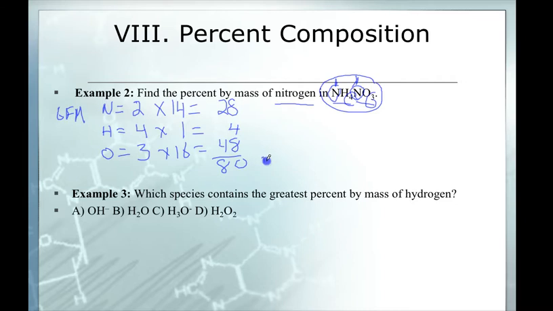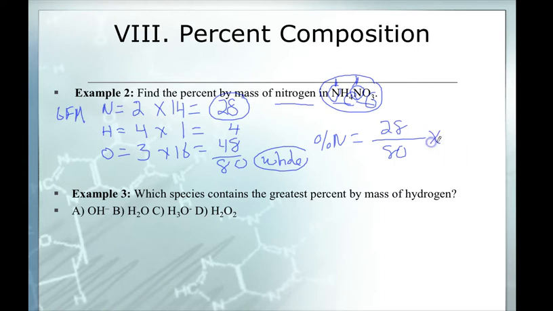That is what we would call the whole. That's the total mass of the compound. That goes on the bottom. So the percentage of nitrogen is going to be 80 at the bottom. And we want to find the percentage of nitrogen. So the part is going to be the part that represents the nitrogen, which is 28. So we're going to divide that and multiply by 100.